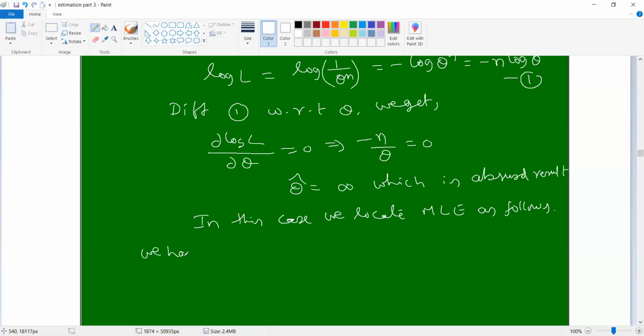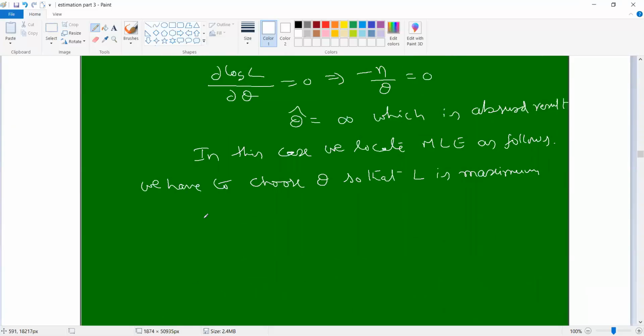So we have to choose theta so that L is maximum. We have to choose the theta so that L is maximum.